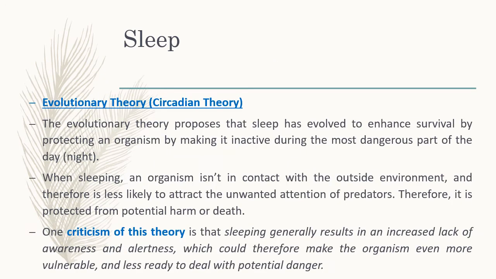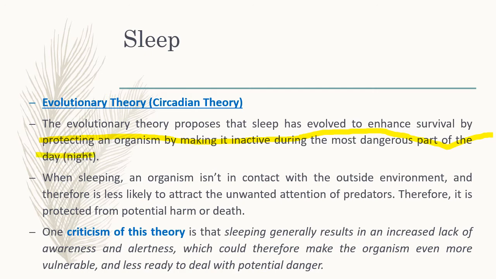The second theory is the evolutionary theory, or the circadian theory, or the survival theory. There are many names. The evolutionary theory proposes that sleep has evolved to enhance survival by protecting an organism by making it inactive during the most dangerous part of the day, which is nighttime. So it's there to protect the organism during a time when we can't actually see at night.